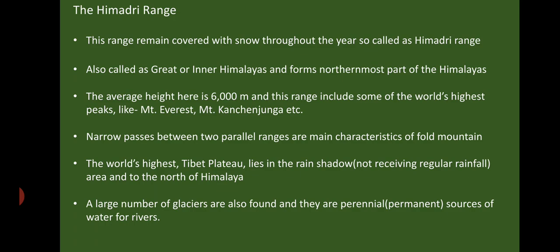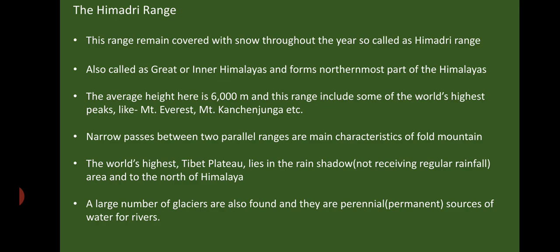This range remains covered with snow throughout the year, so that's why it is called Himadri. It is also known as the Inner Himalaya, as it lies at the inner part of the Himalaya, and it forms the northernmost boundary of the Himalaya.